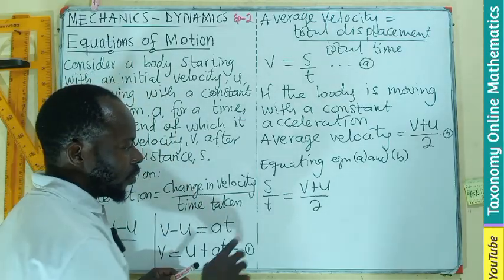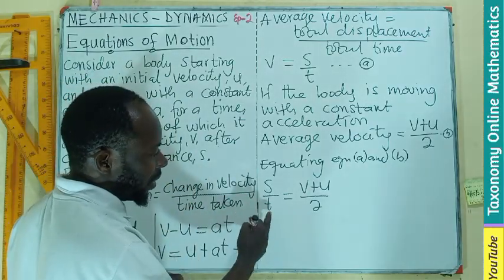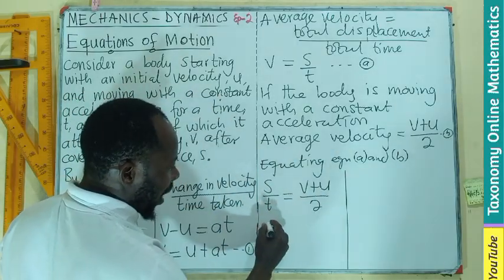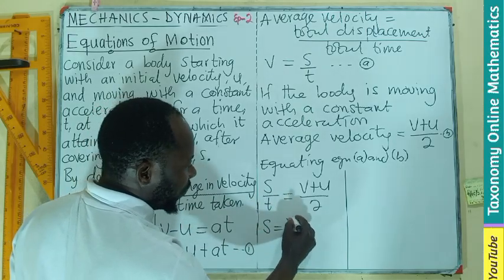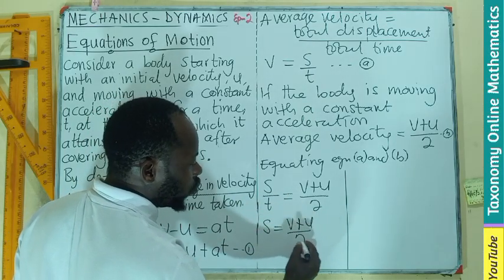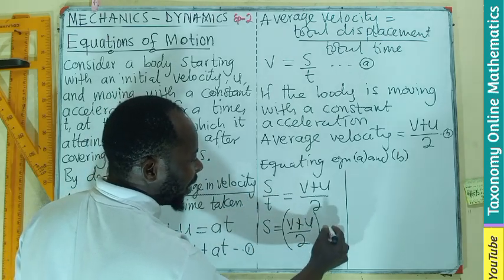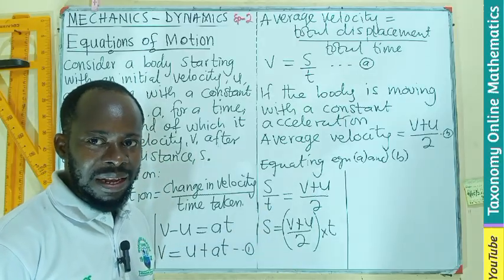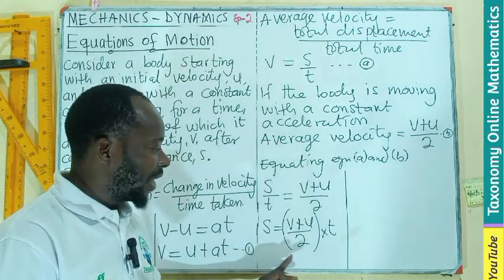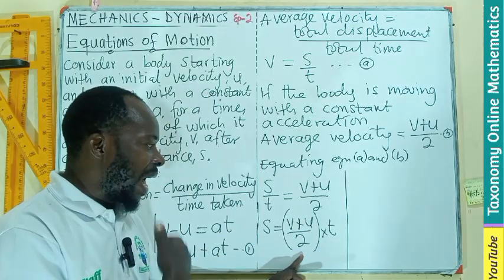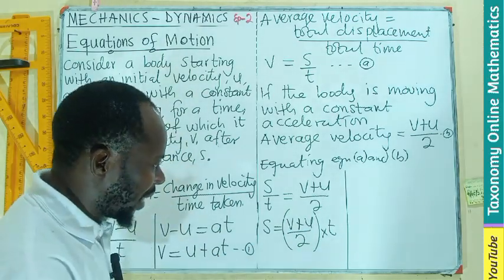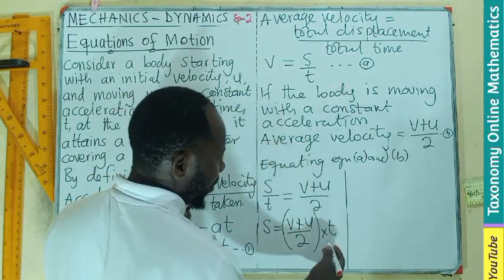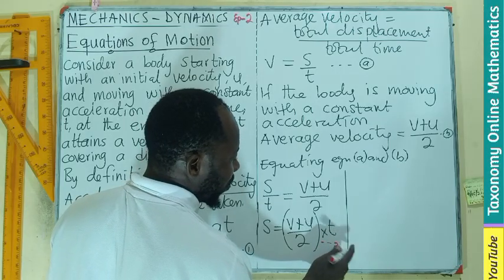So we multiply both sides of the equation by t, and that gives rise to s equals v plus u divided by 2, multiplied by the time. So if I multiply by the time, I'll be having the distance. Remember, the distance or the displacement is just the velocity times time, so the average velocity times time. So let's label this as equation C. We have A, B, and equation C here.